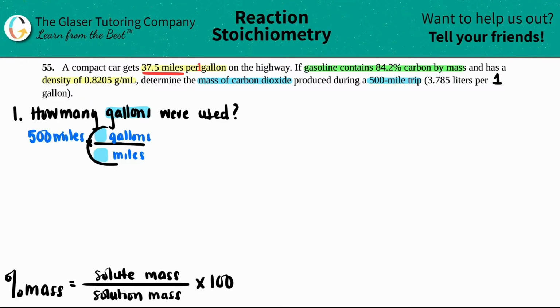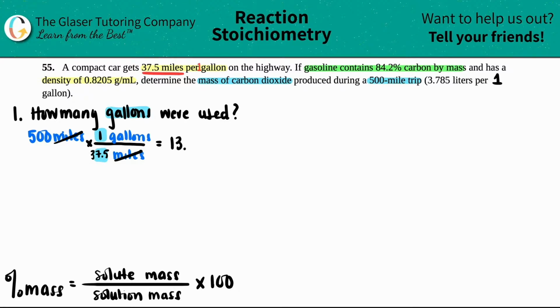So I'm going to come over here, and the 37.5 miles goes on the bottom, right? That goes with the miles. And then per 1 gallon. Now everything is accounted for here, so I can cancel out my miles. And now I'm going to be able to find out how many gallons were used. So I have 500 divided by 37.5, and that's 13.33.